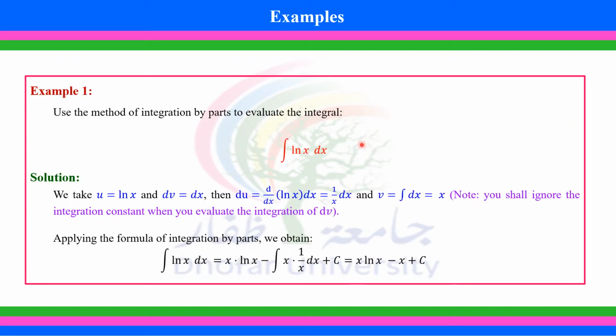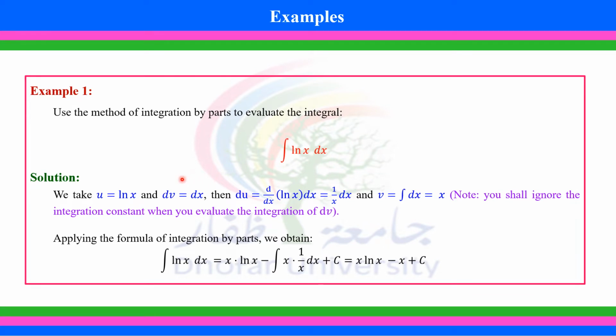Now to see how the method of integration by parts works, we consider this example in which we wish to evaluate the integral of ln x dx. In this problem, we choose u equal ln x because we know the derivative of the ln function. So dv becomes dx, and we know the integral of dx.